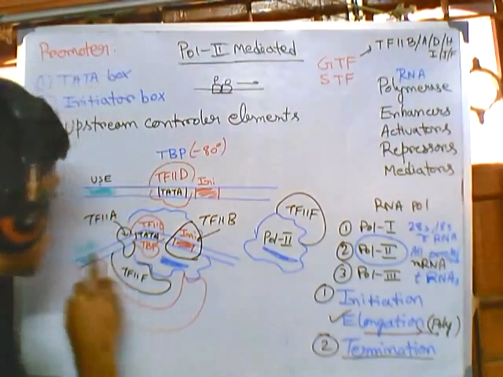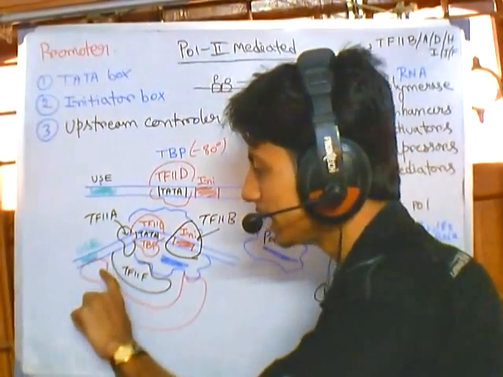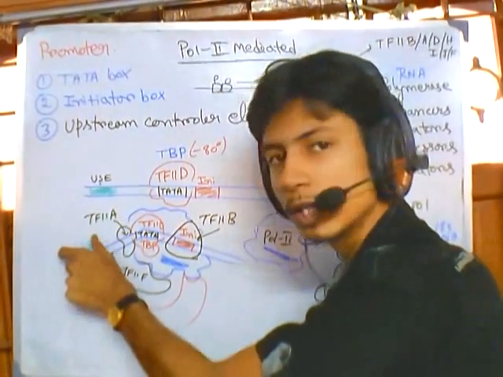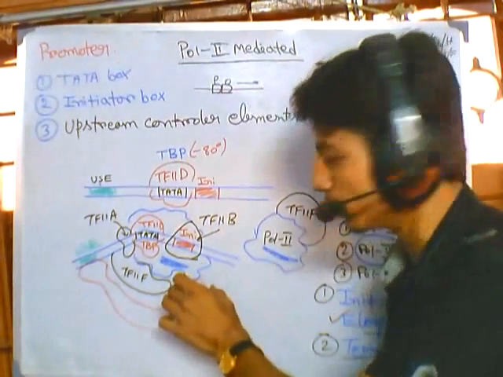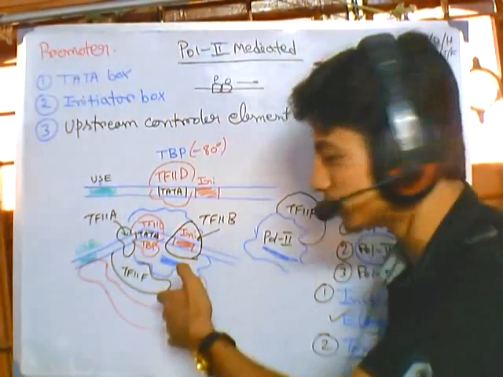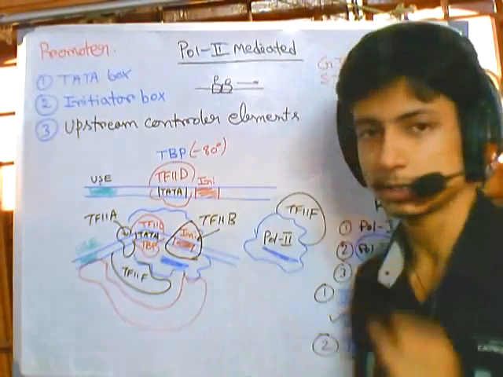One is the DNA binding domain. Remember, this region is the DNA binding domain. With the help of this DNA binding domain, it is interacting with the upstream control element. On the other hand, with the help of the RNA polymerase binding domain, it is binding with RNA polymerase II in this case.